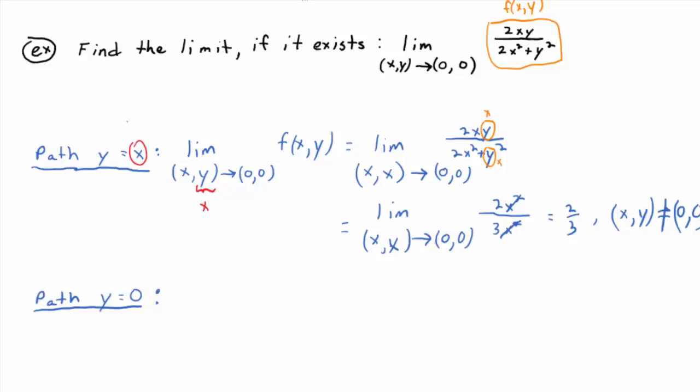you could say that the limit, okay, I'm going to go ahead and plug it in right away. I'm replacing y with 0 as (x, y) approaches (0, 0) of f of (x, y). Well, if y is 0, couldn't I replace y with 0 in 2xy? So 2x times 0, divided by 2x squared plus 0 squared, right?